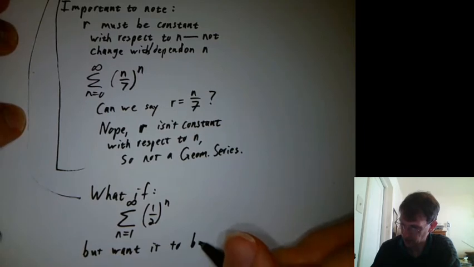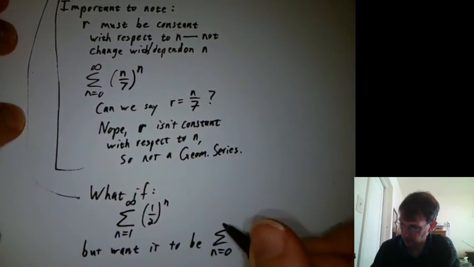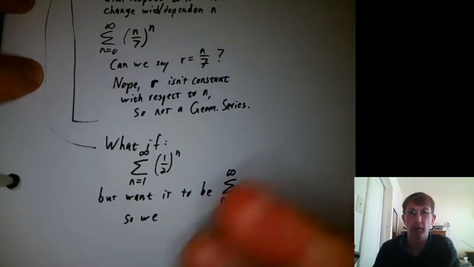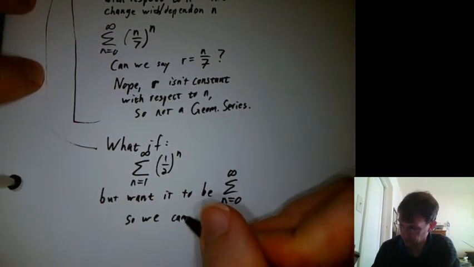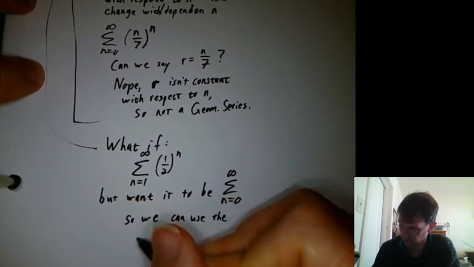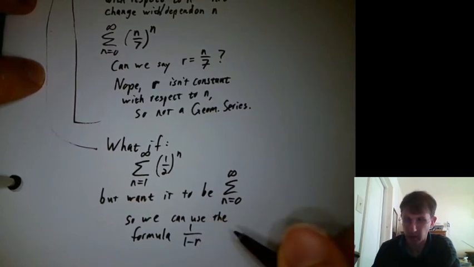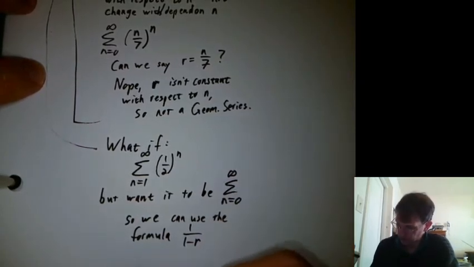So we want it to be the sum n equals 0 to infinity, so we can use the formula 1 over 1 minus r. Well, what we can say is the sum n equals 0 to infinity is really just that first term, which is r to the 0, plus the sum n equals 1 to infinity.